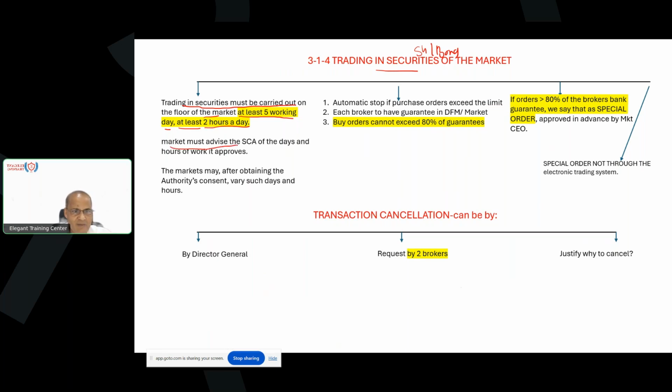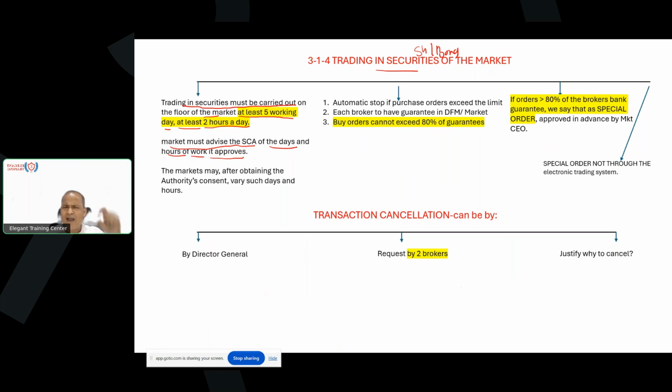Market must advise SCA of the days and hours of work it approves. Means what? Who is approving the timing? Market. SCA not approving. Market will advise. So the approval is not by SCA.